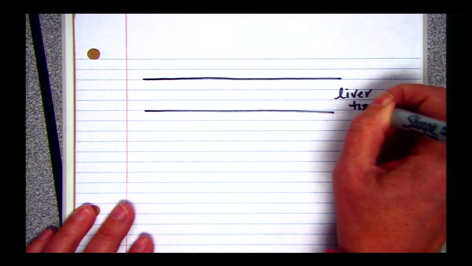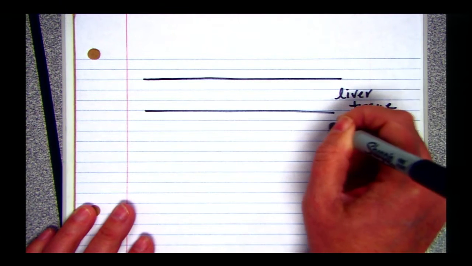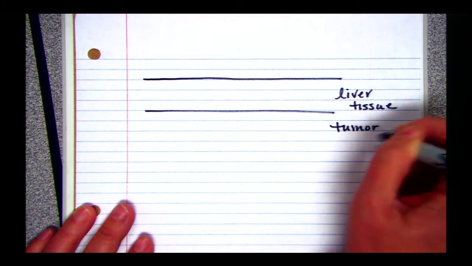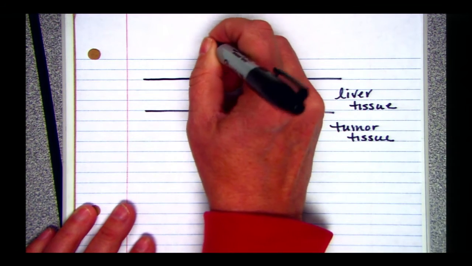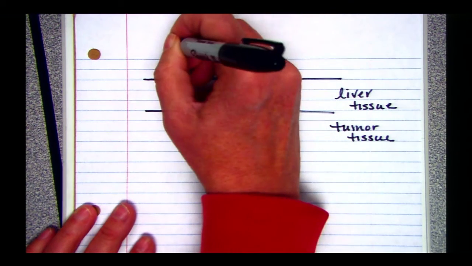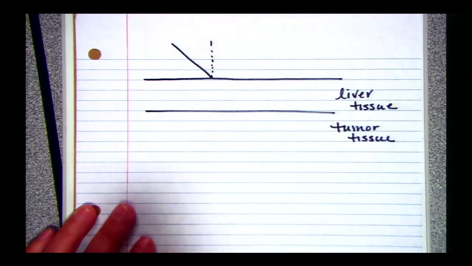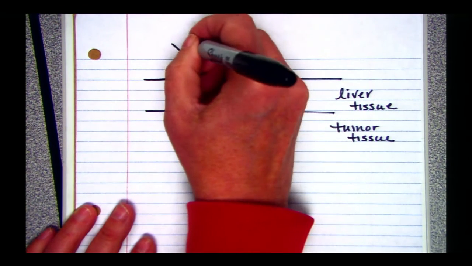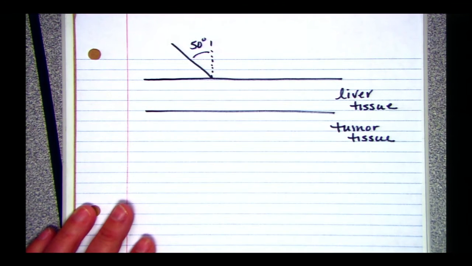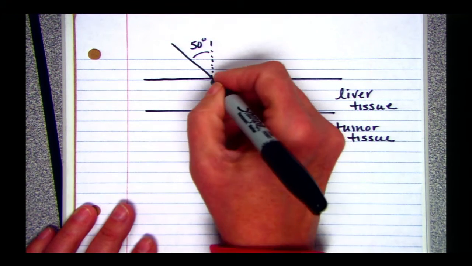We're going to shine a beam to the surface of our tissue, and we know that this angle is 50 degrees. It's going to go into the tissue, refract, and bounce off the tumor.